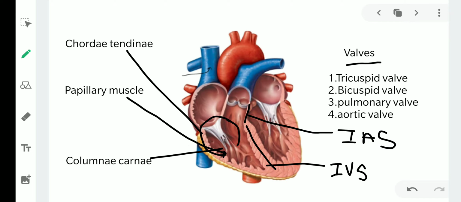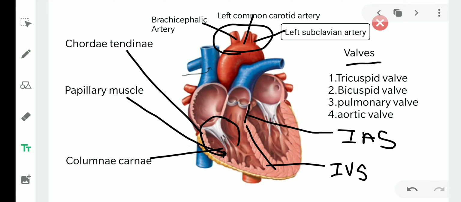If we want to go into more detail, we can name these sub-arteries of the aorta. This is the brachiocephalic artery, this is the left common carotid artery, and this is the left subclavian artery. So this pretty much covers the anatomy and the structure of the heart very clearly.